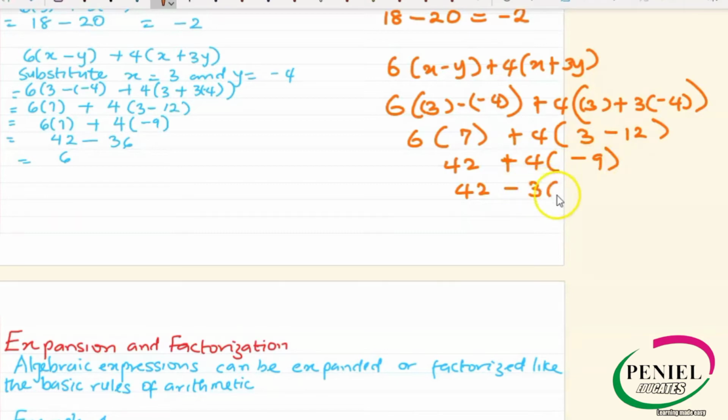So minus 36, and it's going to give me a 6. All right, so that is how we can substitute the values that we're given into the expression and get the answer.